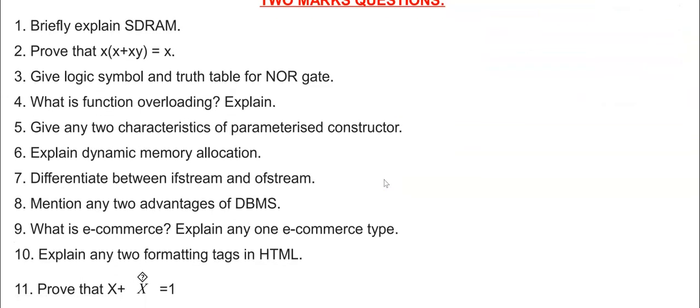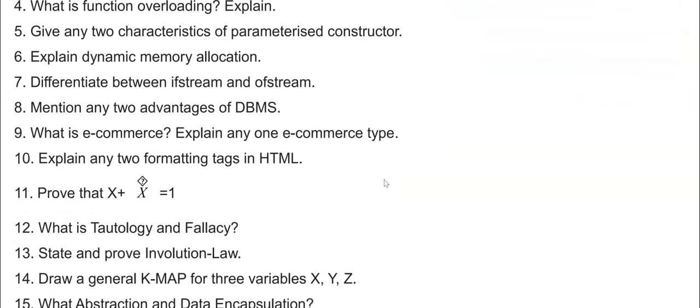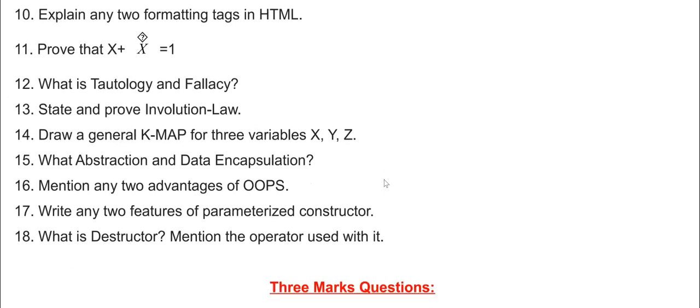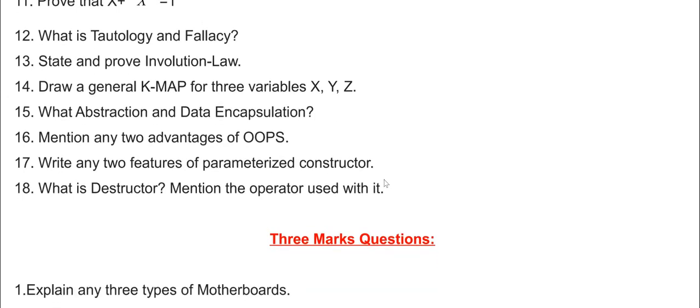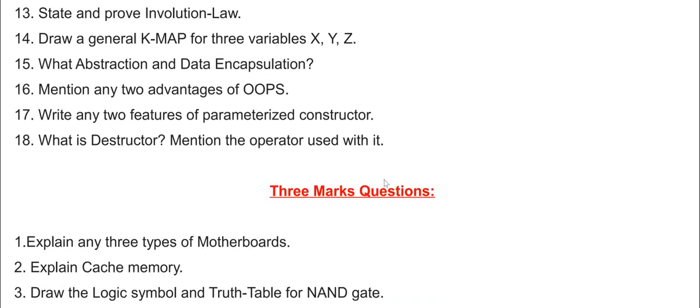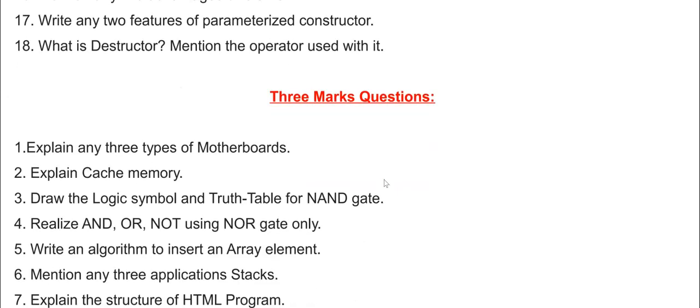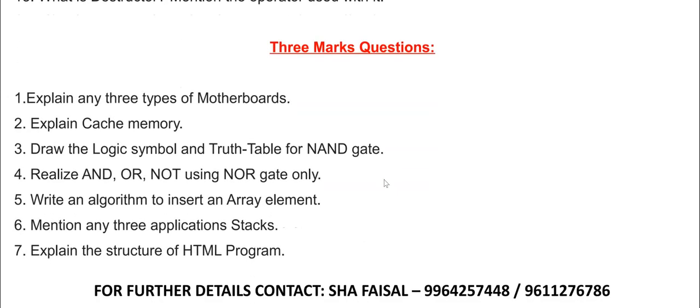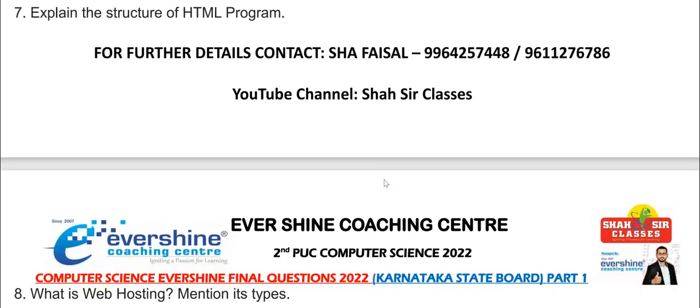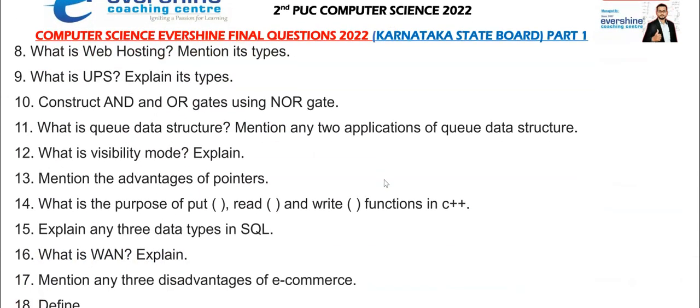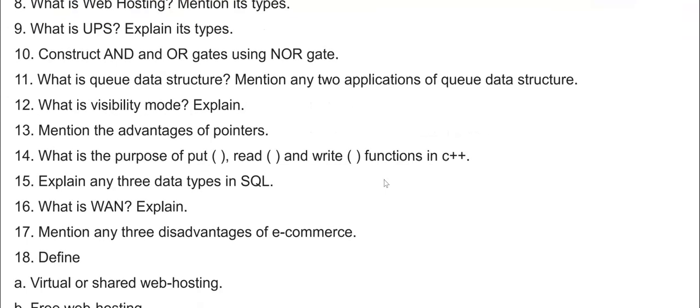These are the 2-mark very important questions, and this is part 1 of your computer science crash course, or you can take it as last minute revision. I want each and every student to go through all these questions, try to solve them once, and keep the material ready for your upcoming final board exam.